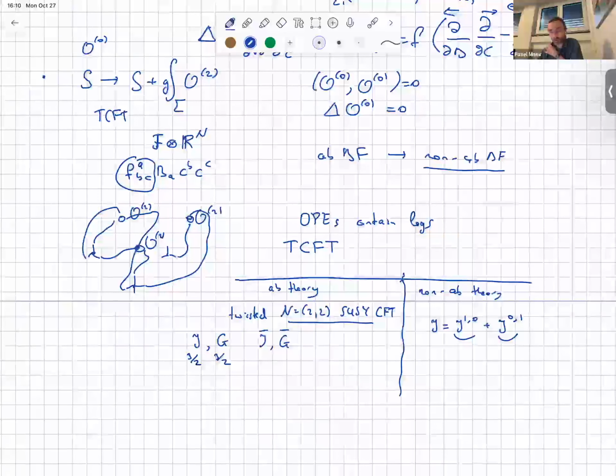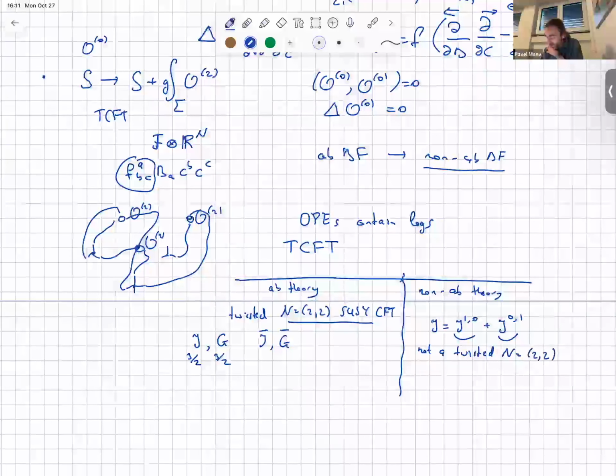So that's the one thing that fails. And so the non-abelian theory is not a twisted supersymmetric theory, at least not this sort of theory with a lot of supersymmetry. But that is what it is. It's still a topological conformal field theory with lots of interesting phenomena.